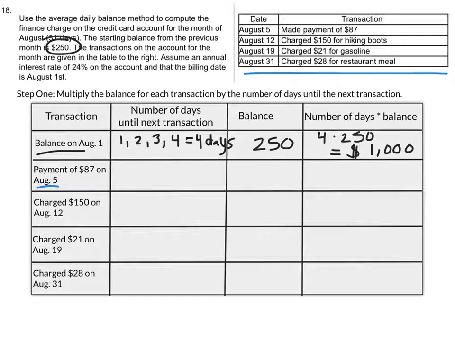Now I'm going to look at the next row. The next transaction is a payment of $87 on August 5th. The transaction after that is August 12th, so I need to calculate the number of days between August 5th and August 12th. I have the 5th, the 6th, the 7th, 8th, 9th, 10th, and 11th. You do not count the day of the next transaction, so I don't include August 12th in my list. Now I can count the number of days that I listed, and that's 7 days.